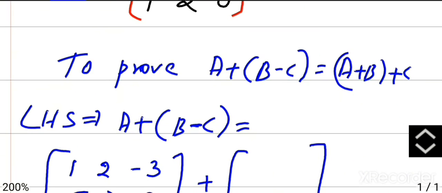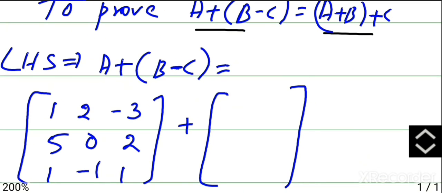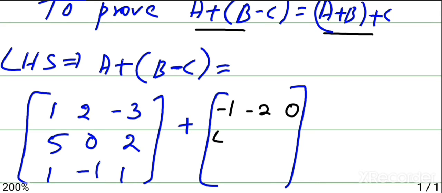Now what do we have to prove? The associative property. To prove the associative property, I will take the LHS as A plus (B minus C). Write A as it is, the plus sign as it is, and then for B minus C, just write the answer we found.